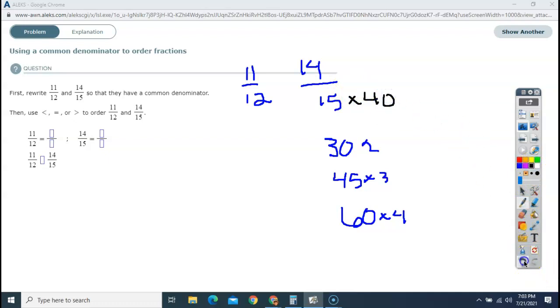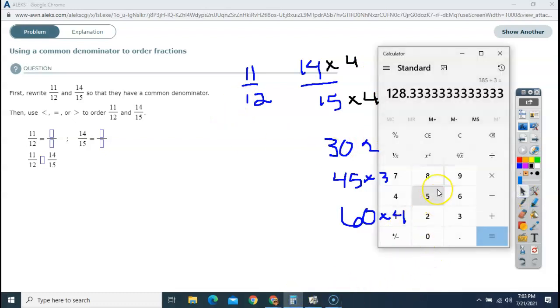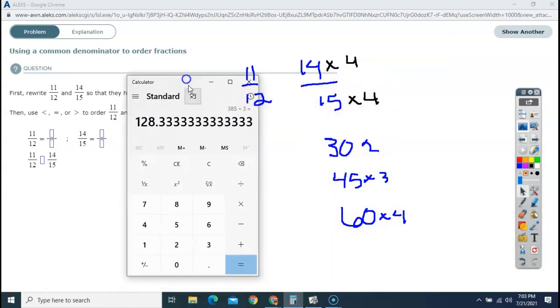Oh Lord, why did I say 40? So I'm going to have to multiply that times 4. And then to get 60 for 12s, basically you can say 12. You know that 12 times 4 is 48, so let's go with 12 times 5.